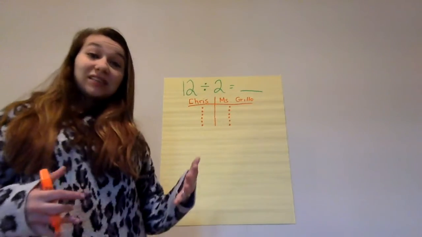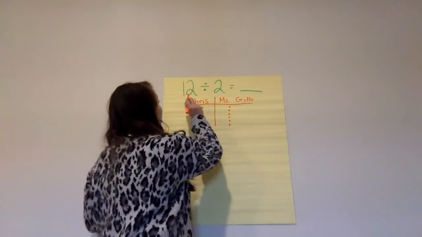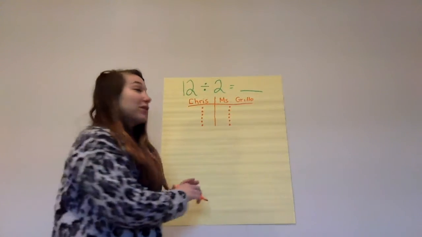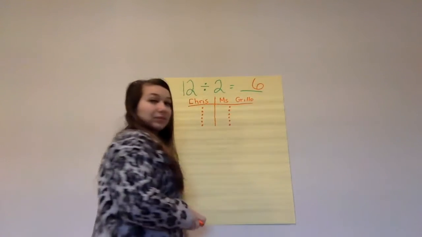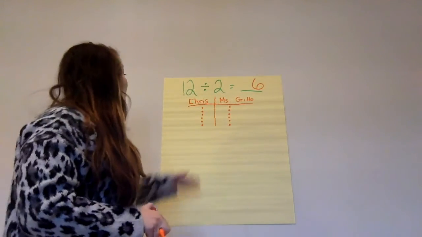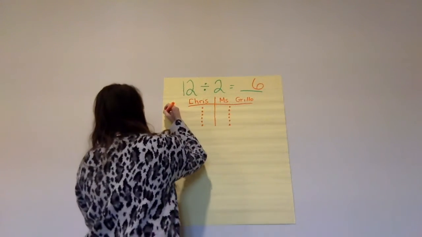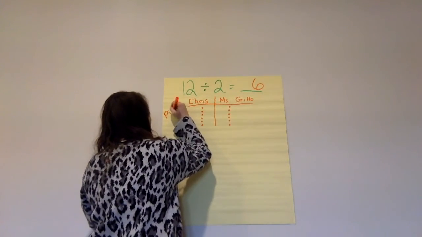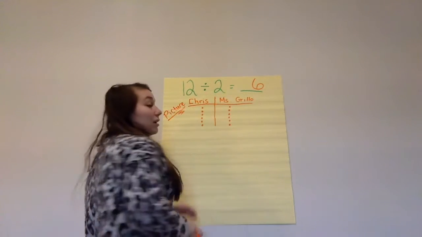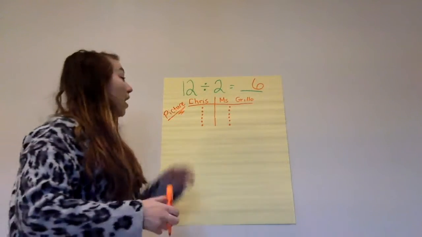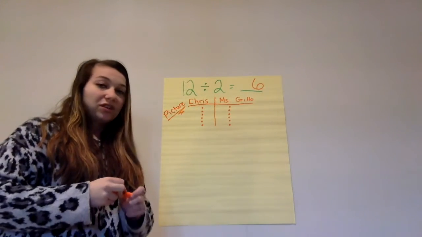So how many cookies are in each group? 6. Very nice. So 12 divided by 2 is going to equal 6. All right, so this is drawing a picture strategy. It can be very helpful for you to get a good idea of how to divide. But here comes the real question.